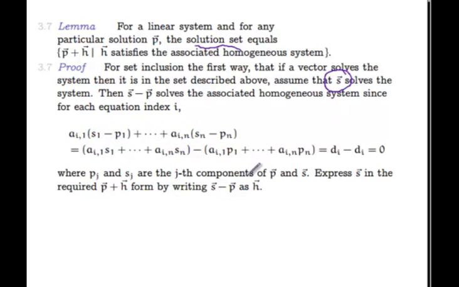I can show that S minus P is going to satisfy the homogeneous version of that equation. So that means that S minus P is a homogeneous solution, so I can write S minus P as H, and that means, in other words, that S is equal to P plus H, which is exactly what I wanted to show.